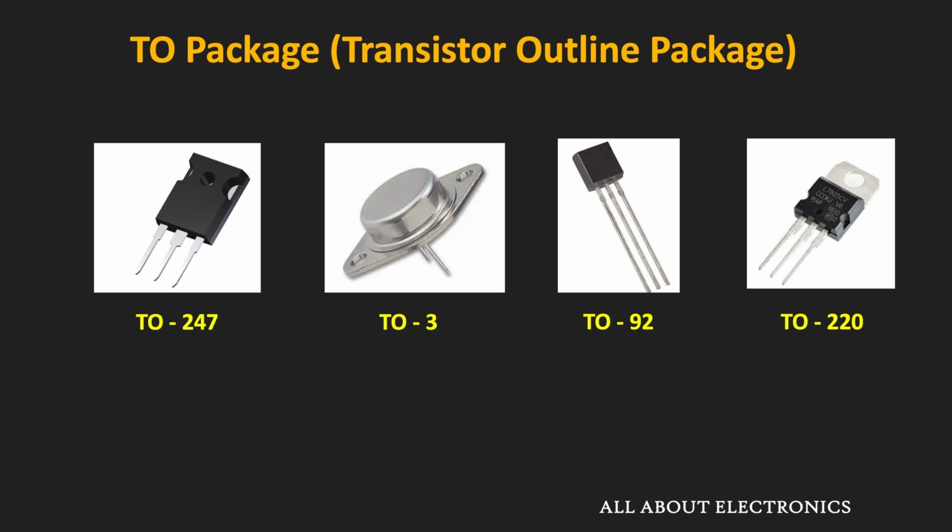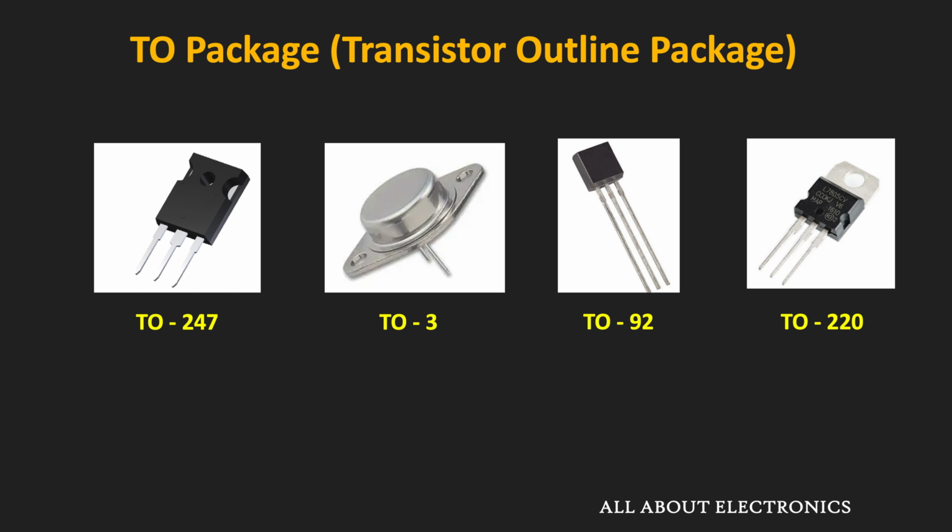This package is mainly used for discrete components. Of course, although its name suggests that it is only meant for transistors, actually it is used for all discrete components like BJTs, MOSFETs, rectifiers and diodes, as well as voltage regulators and power ICs. So there are different TO package variants, and each variant is used for a special purpose.